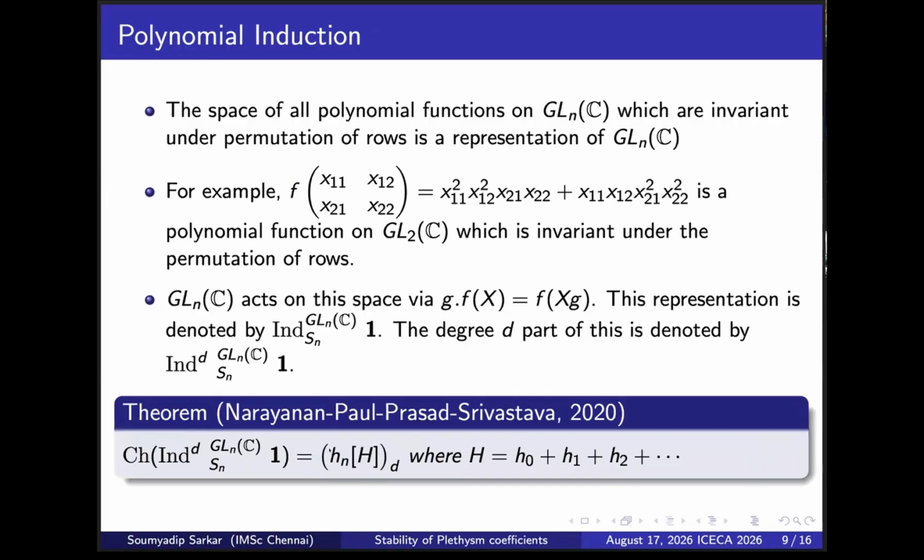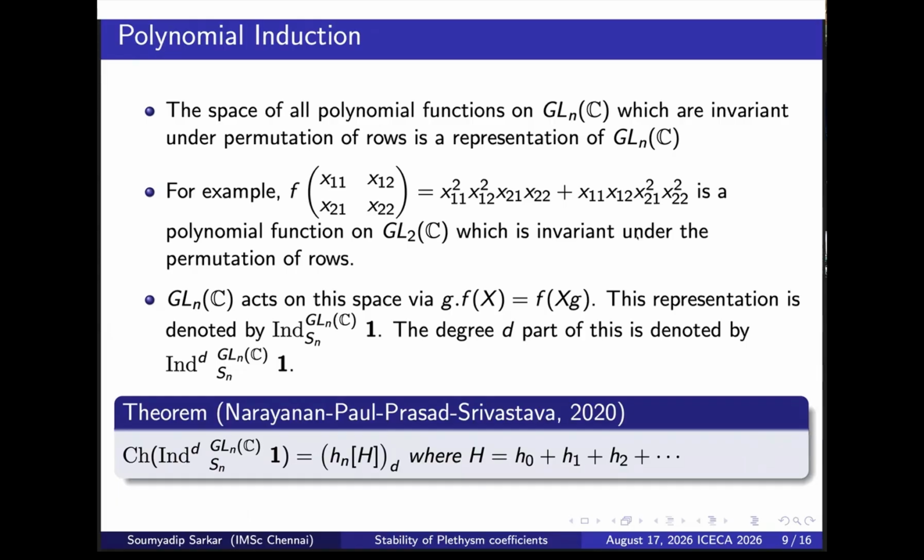So what is polynomial induction? You look at the space of all polynomial functions on GL_n(C) which are invariant under the permutation of rows. For example, I have taken a 2x2 example, x11, x12, x21, x22.